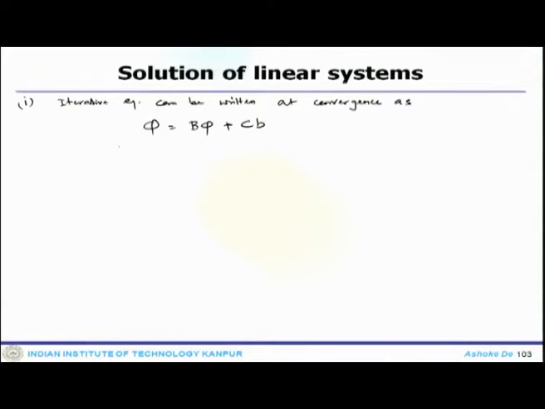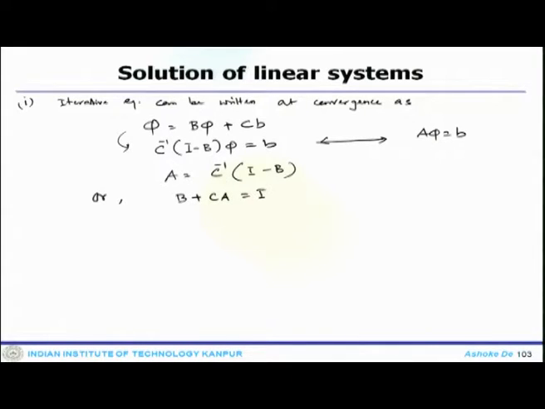After some rearrangement, this becomes C inverse (I - B) phi = b. If you compare with your original system, then one can write A is nothing but C inverse (I - B), or alternatively one can say B + CA is an identity matrix. So, that is one of the properties.